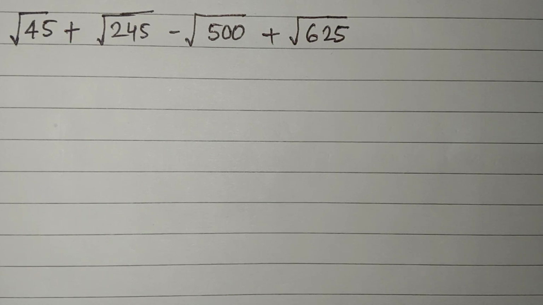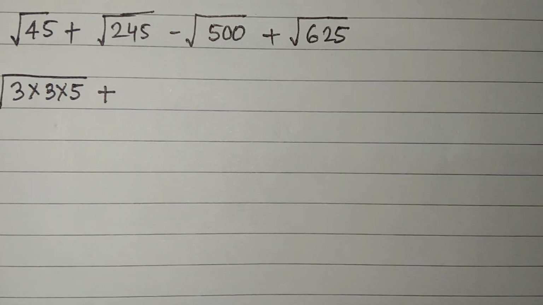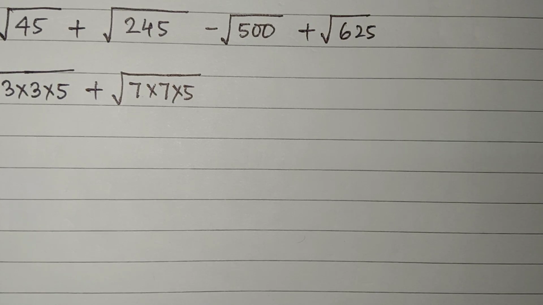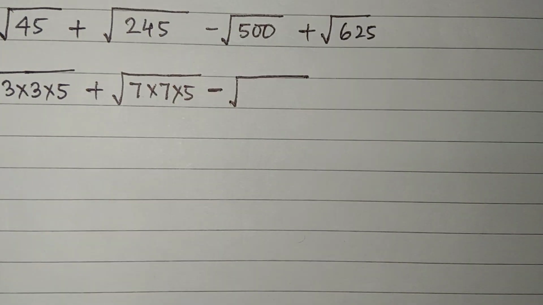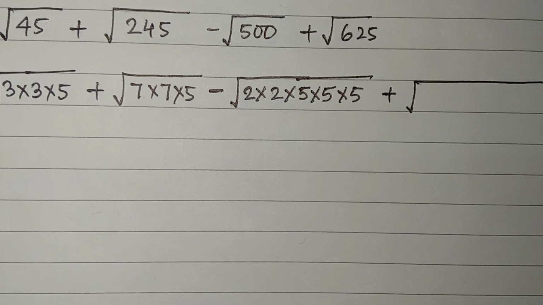So root 45 can be written as root under 3 times 3 times 5, and plus root under 245 can be written as 7 times 7 times 5, and minus root under 500 can be written as root under 2 times 2 times 5 times 5 times 5, plus root under 625 can be written as root under 5 times 5 times 5 times 5.